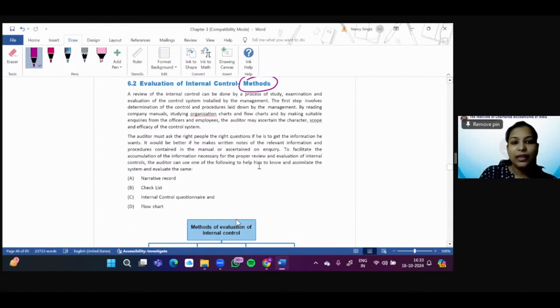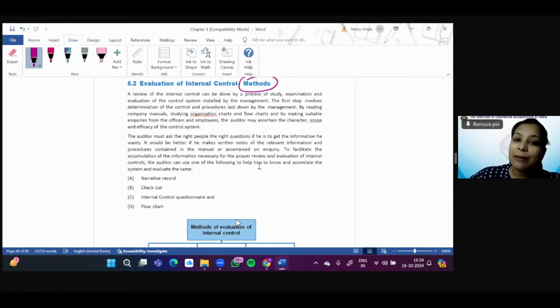See students, when the auditor is reviewing the internal control, he is basically examining whether internal control is effective or not, right? So how will he be doing that? He may do it by reading the various manuals of the organization, by studying the organizational charts, various flow charts, and he'll be making various inquiries of the management and the employees.